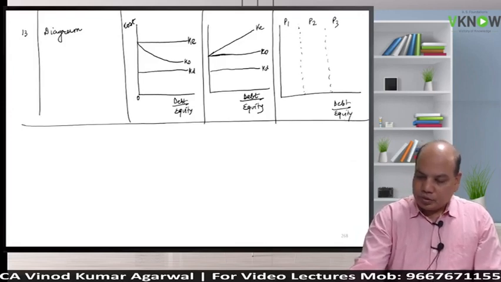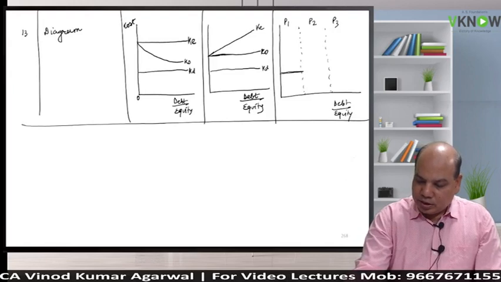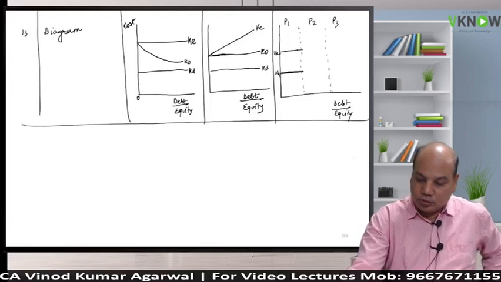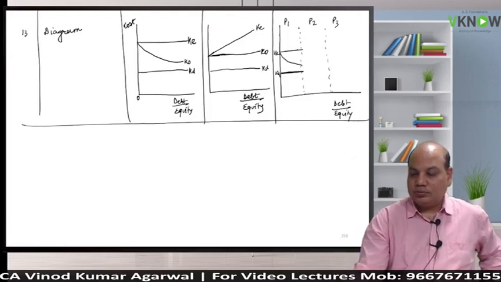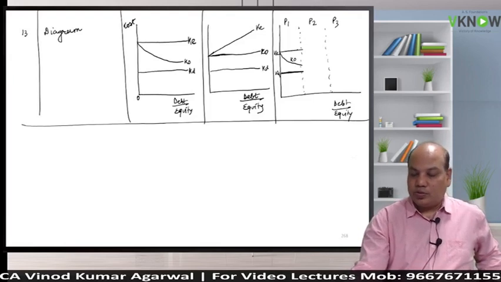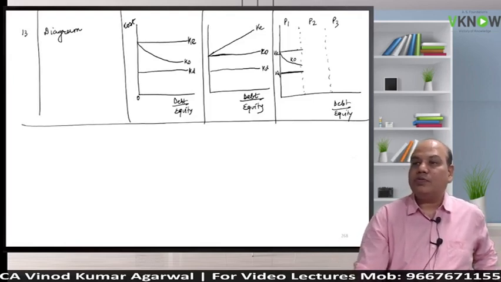So KD will remain constant. Phase 1, KE will also remain constant, so KO will fall. This will look like net income approach, first phase.